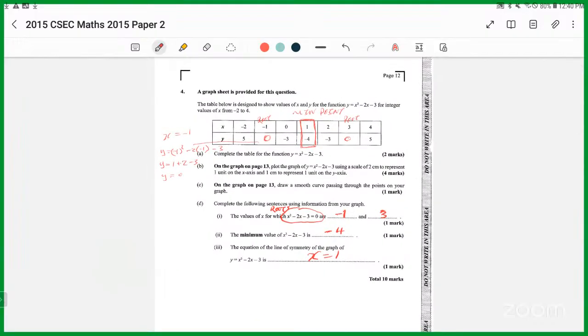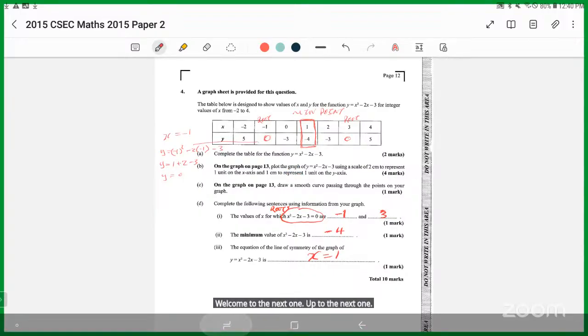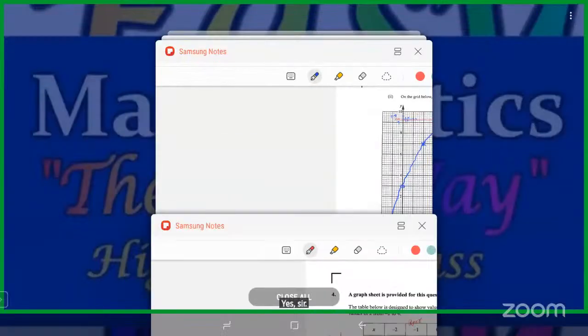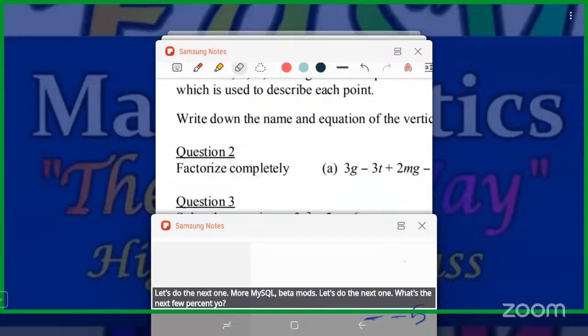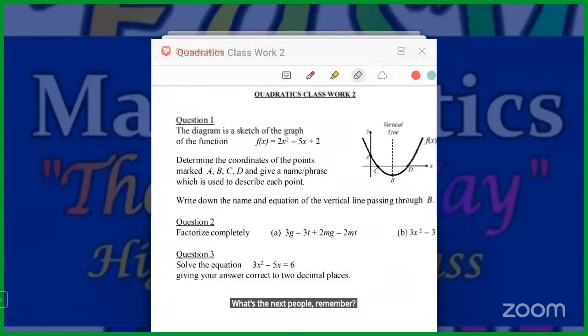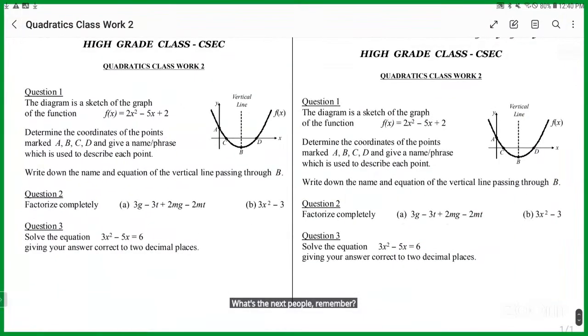Yes, sir. On to the next one. Let's do the next one. More maths equals better maths. What was the next paper I sent you? Remember? Let me see if I can see it.